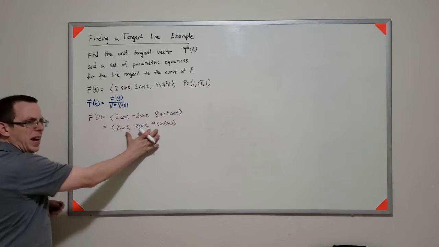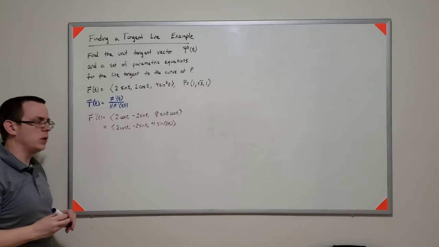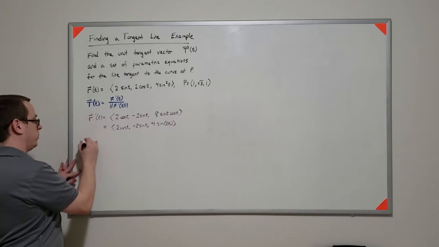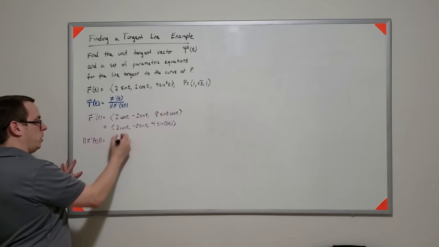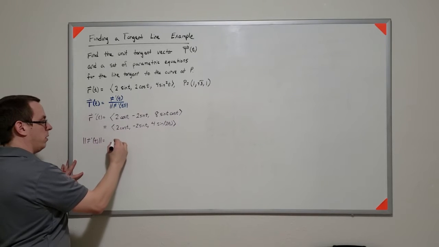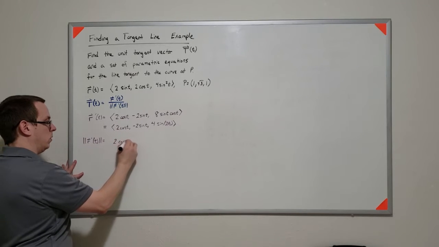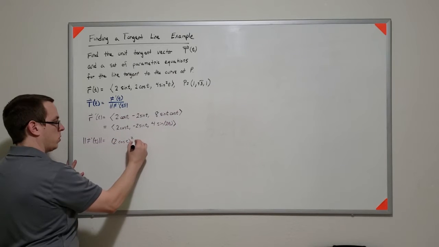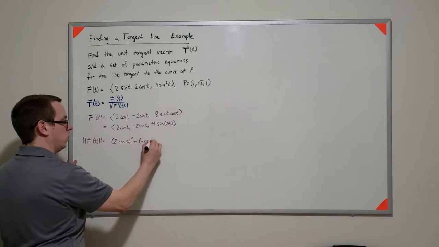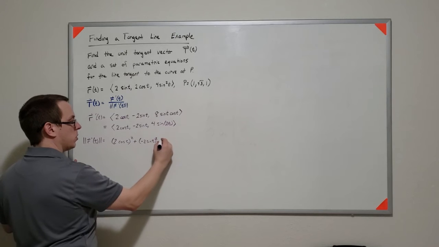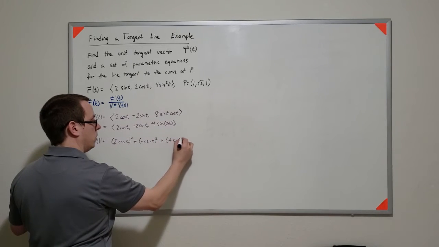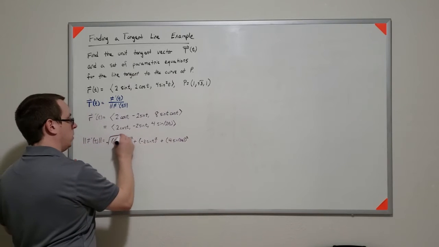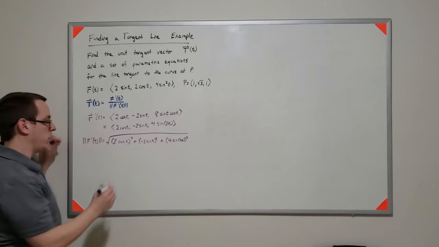The next big thing is we've got to get that magnitude. That's going to be a little more tricky. To get the magnitude of r prime of t, I'm going to square this one, square this one, and square this one, and then take the square root.